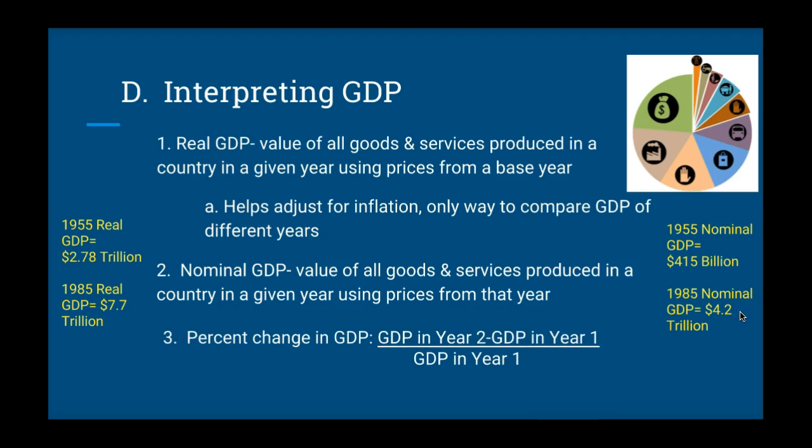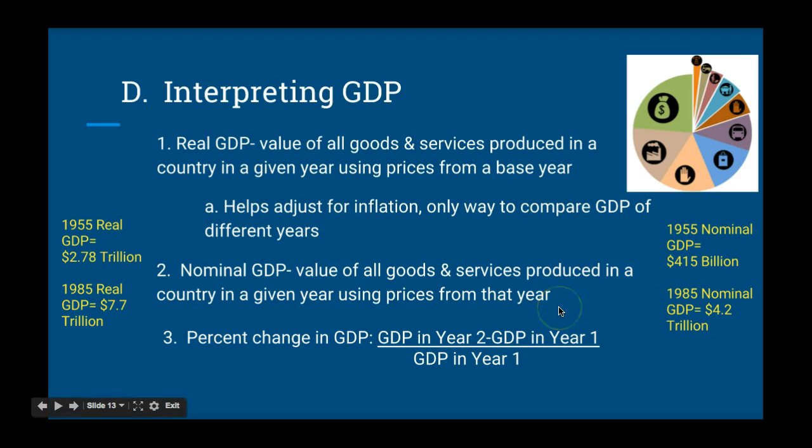Now, the other thing that I wanted to include in here that I've seen recently that students had a problem with trying to figure out is the percent change in GDP. To figure that out, you have to take the GDP from year 2 minus the GDP in year 1, and then divide it by the GDP in year 1. And I could do it for real or nominal.